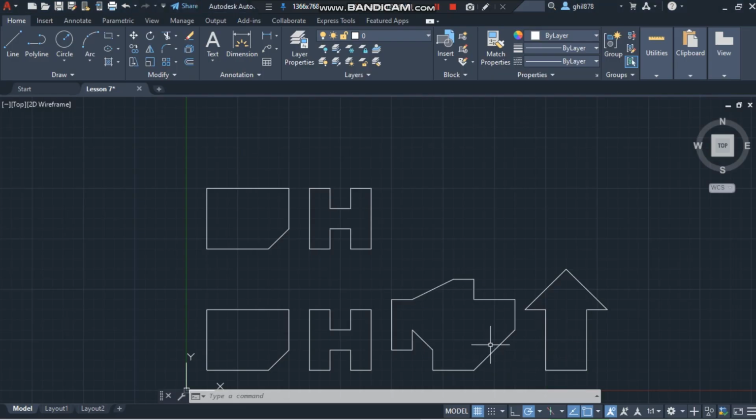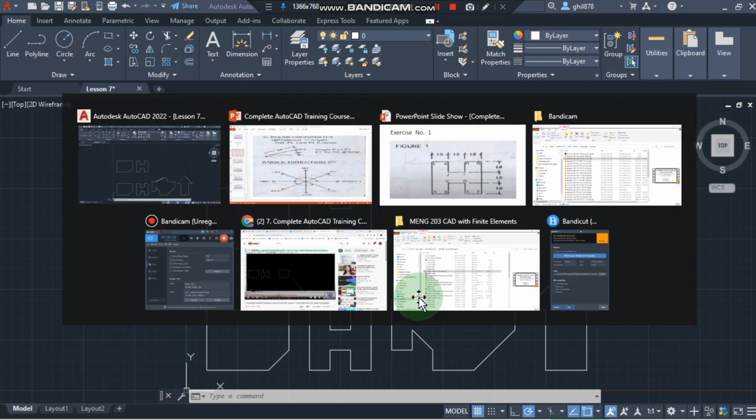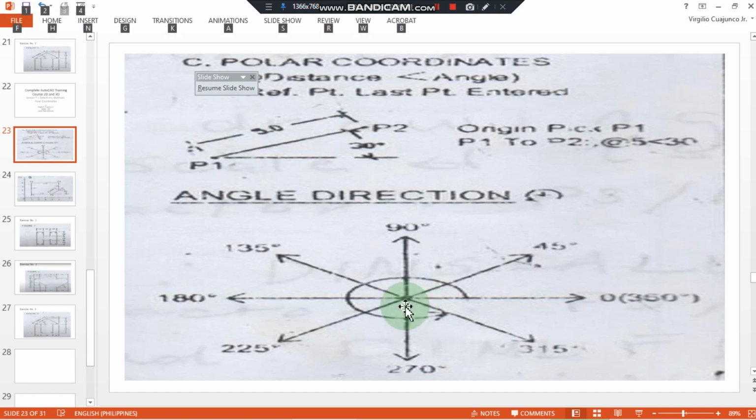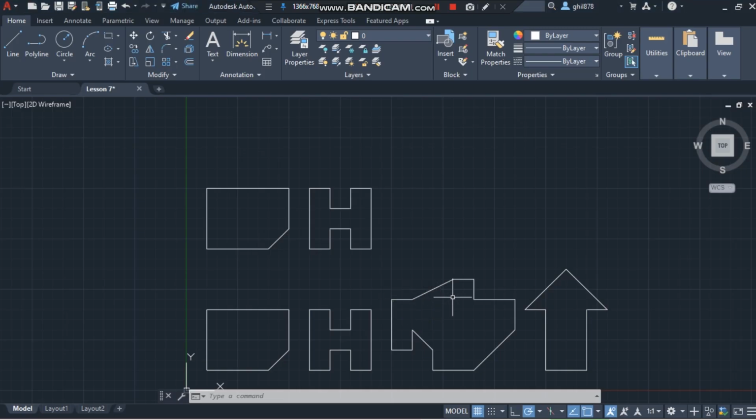So we'll be using those angles. 315 downward, and this is 225. So we have to remember those angles.